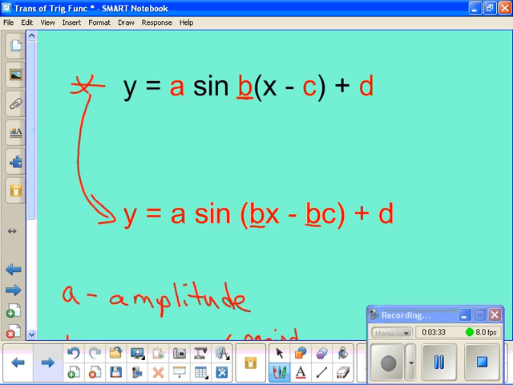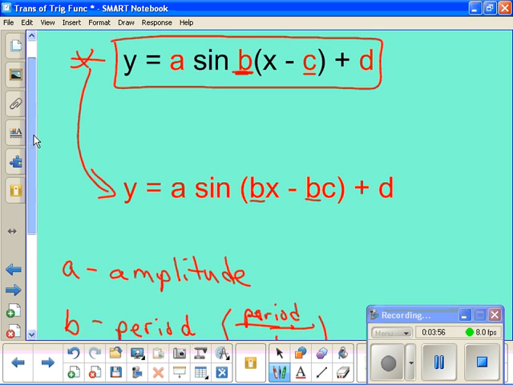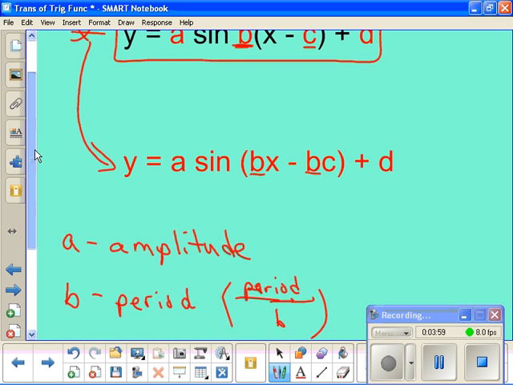Typically what we want is to have it factored, where the b value is factored out of the parentheses, or if there is no parentheses, it's just the b value, if there's no phase shift, which we'll talk about in a second, phase shift represented by c. When you have that b value out, the b value is what affects the period. A is the amplitude, c is phase shift, and d is vertical shift, vertical translation.